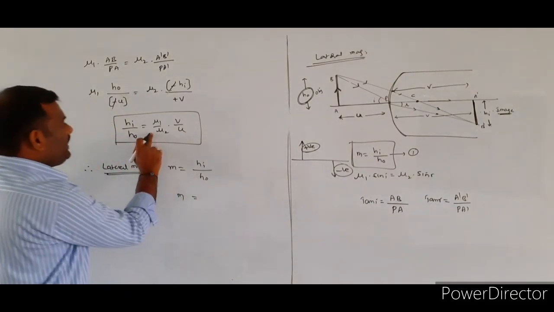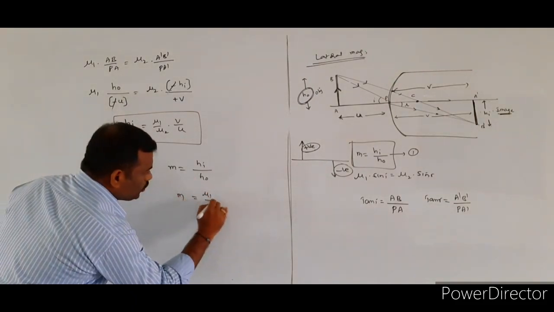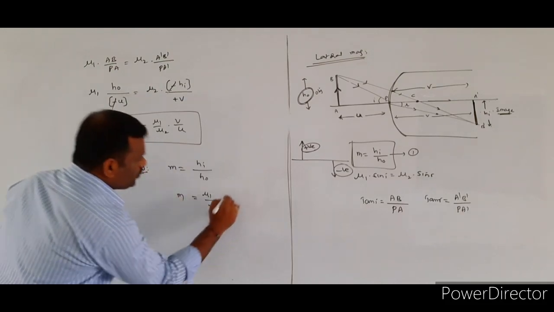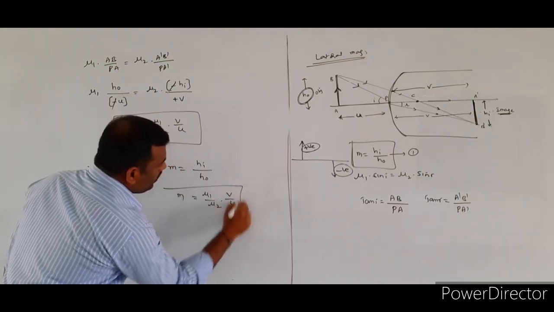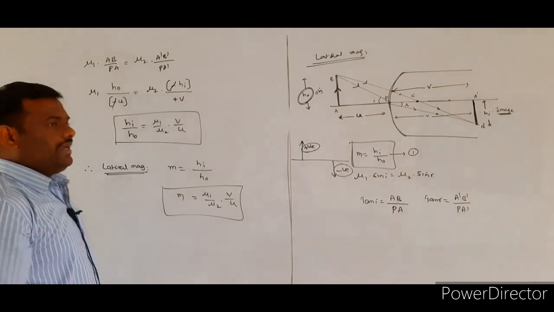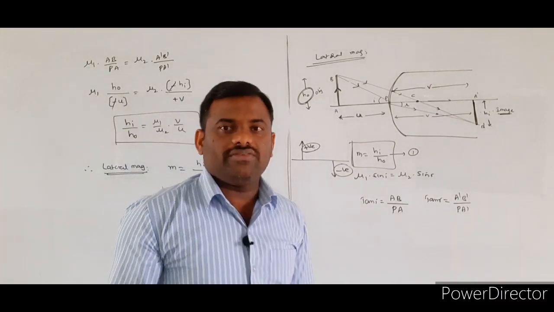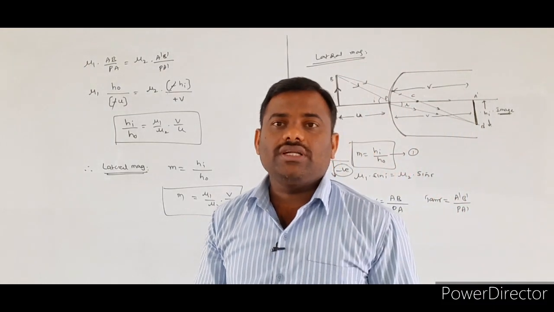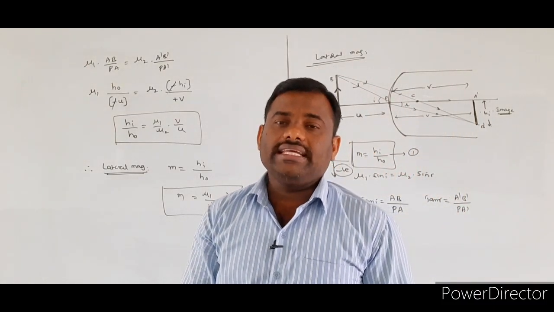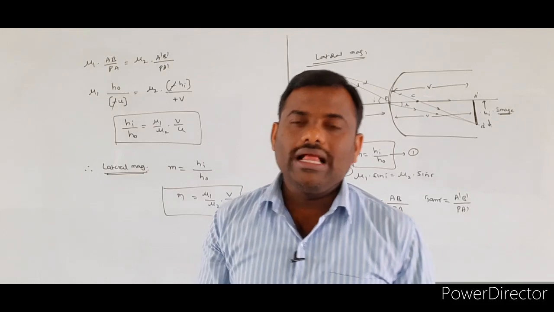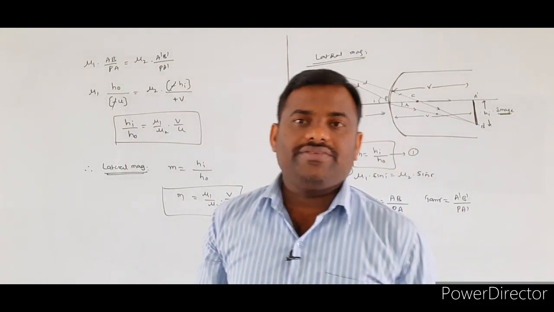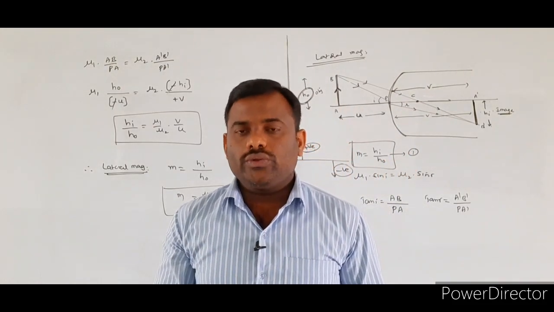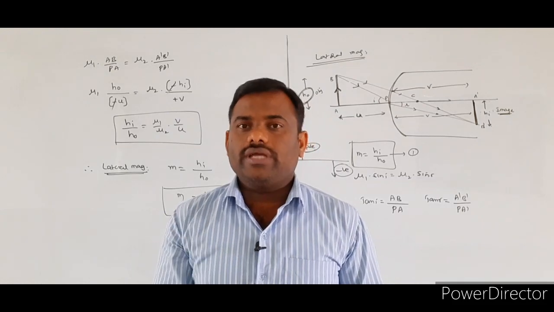Therefore, you got the value mu1 by mu2 into v by u. So this is the required formula for the lateral magnification of the spherical refracting surface. So this is about refraction at spherical surfaces. In the next class, we are going to discuss lenses. Okay, thank you.